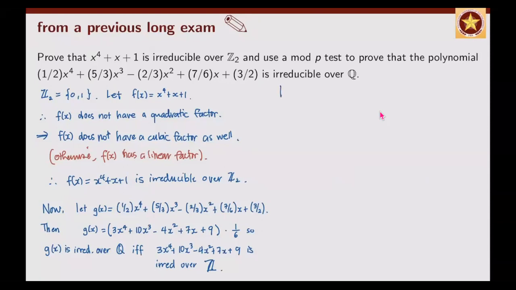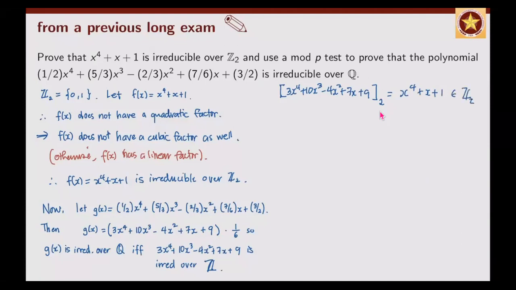Let p be 2. Actually, I will reduce 3x to the 4th plus 10x cubed minus 4x squared plus 7x plus 9 modulo 2. Modulo 2, the odd coefficients become 1 and the even ones become 0. So when this reduces, what happens? X to the 4th plus x plus 1, which is a familiar polynomial.